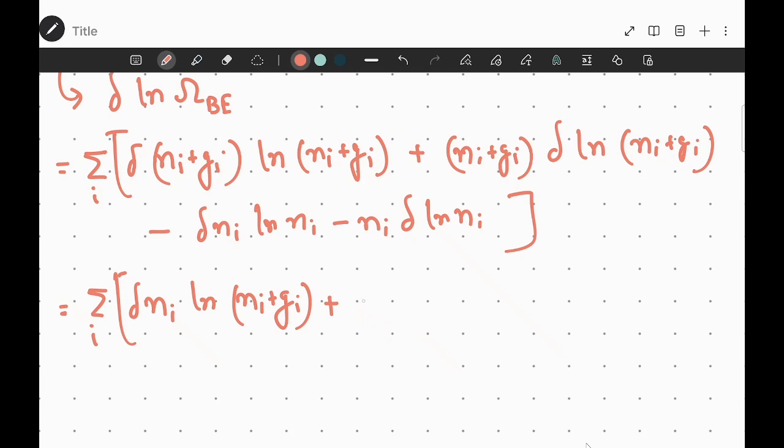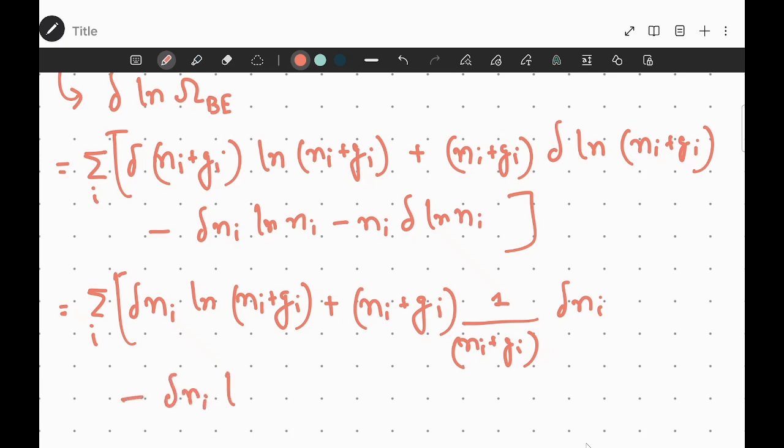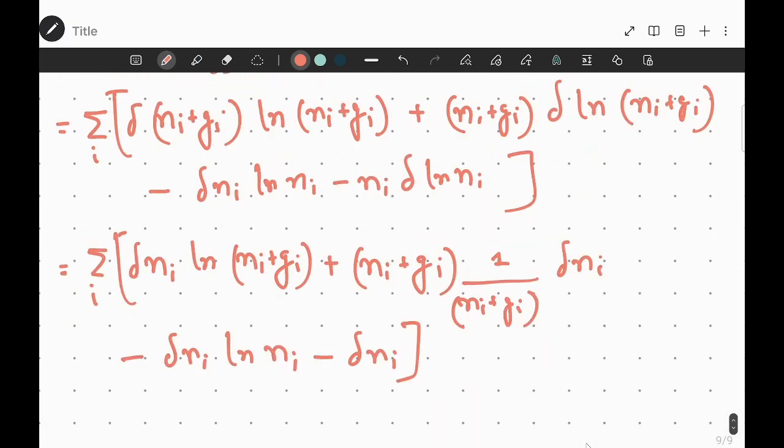Next part is Ni plus Gi, this will be 1 by Ni Gi into delta Ni, and again these things you know, this will be delta Ni ln Ni, and it is minus dNi. So you cancel out, and dNi will also be cancelled out.